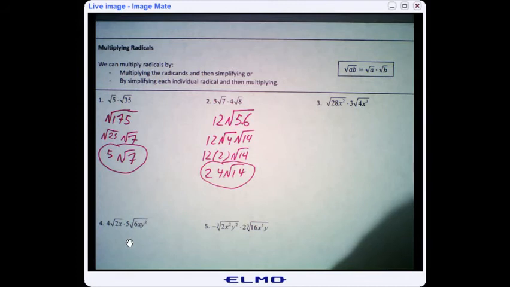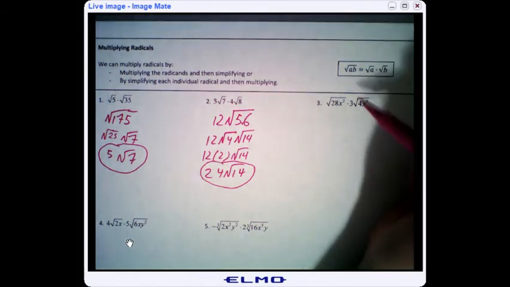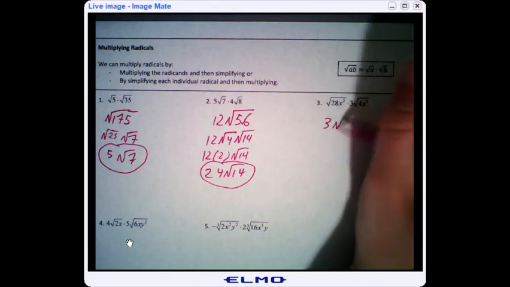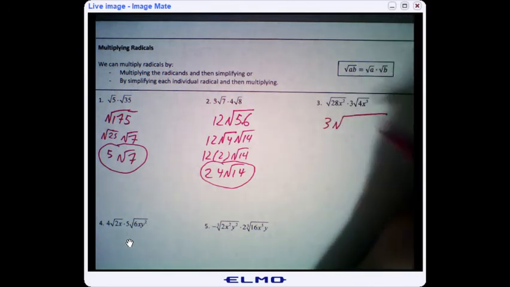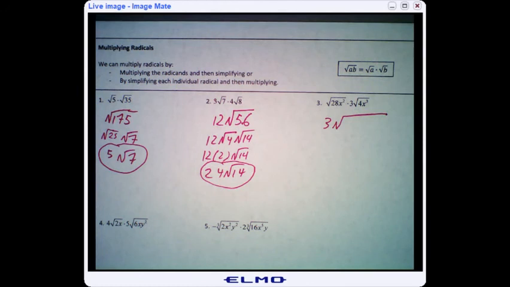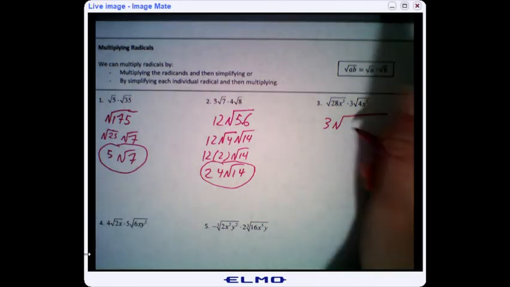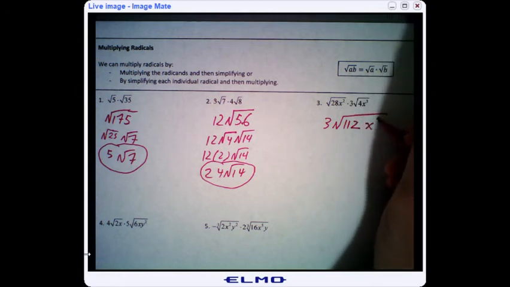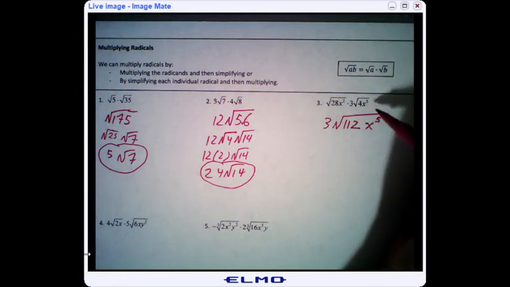For 3, again, we can do outside times outside. So 3 times 1 is 3. And then inside times inside. 4 times 28 is 112. And we're going to have x to the 5th. Remember, when you multiply with exponents, you add the exponents.